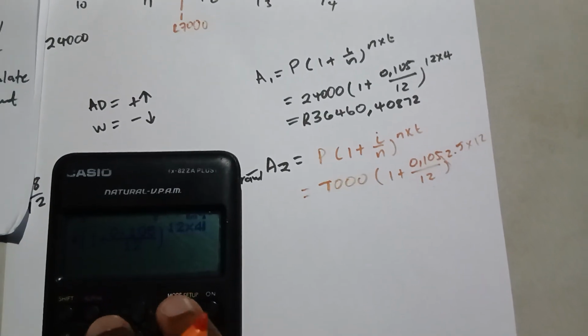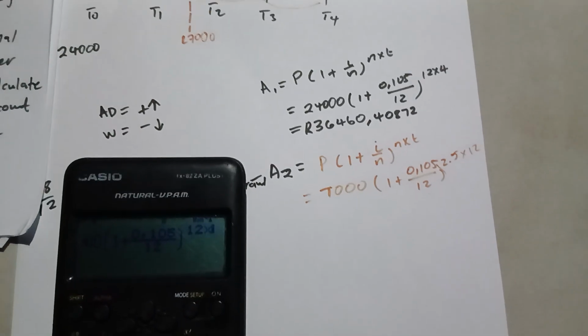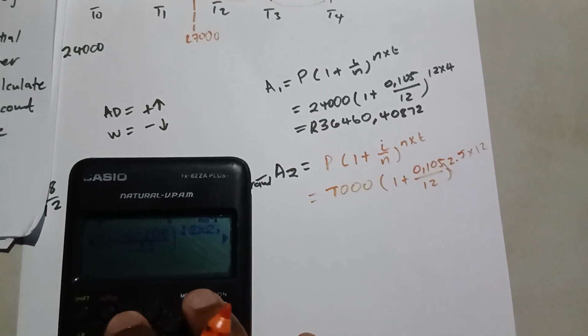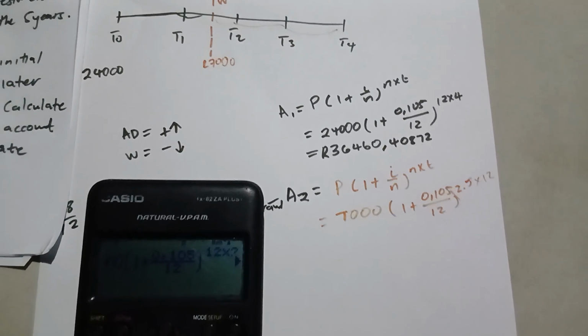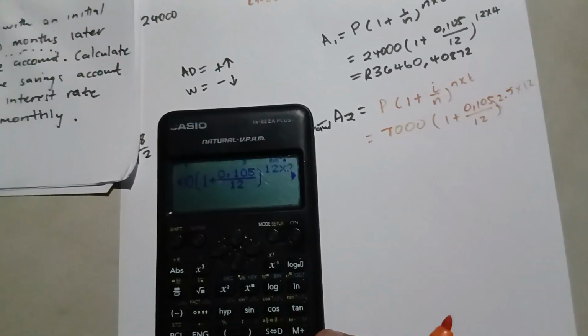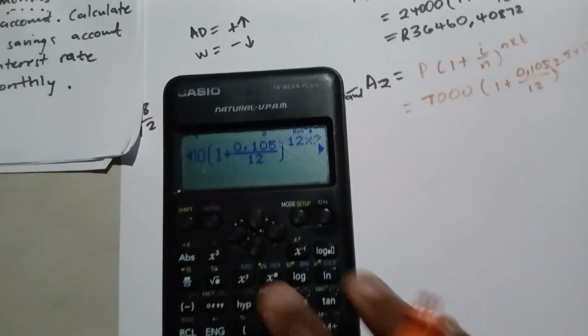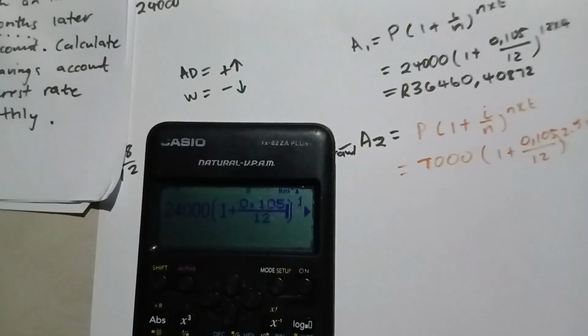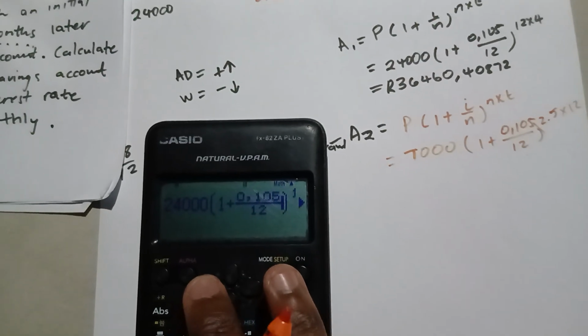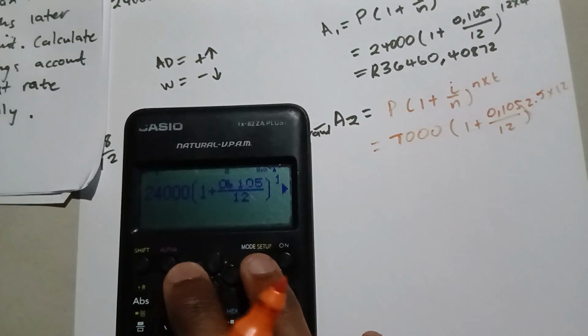So let's punch everything in the calculator. Times 2.5. Oh, is it compounded monthly or quarterly? Compounded monthly. Okay, 10.5, then it's 7,000.